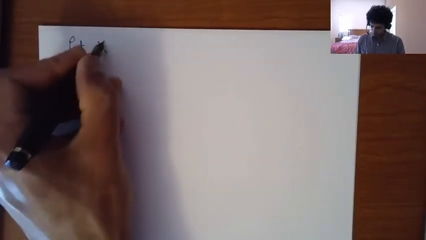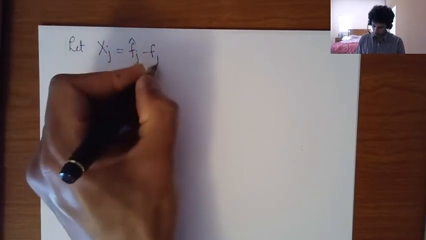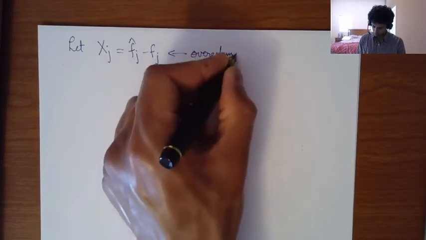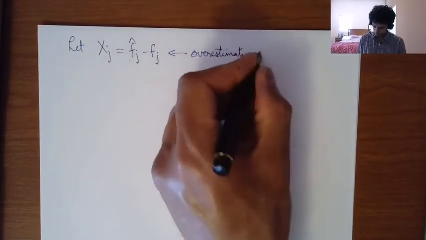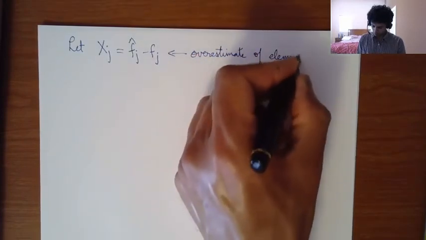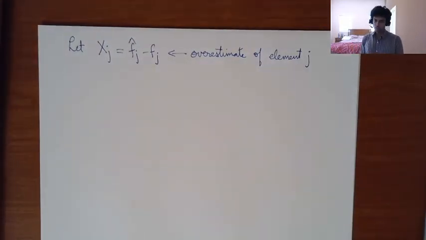So let xj, the random variable, be equal to f hat j minus fj. This is the overestimate of the element j, and we're trying to bound what this is going to be.